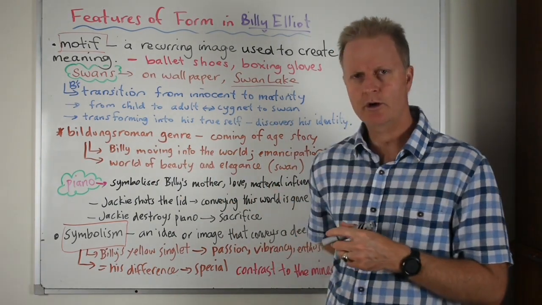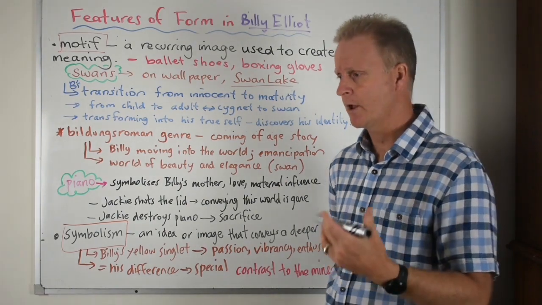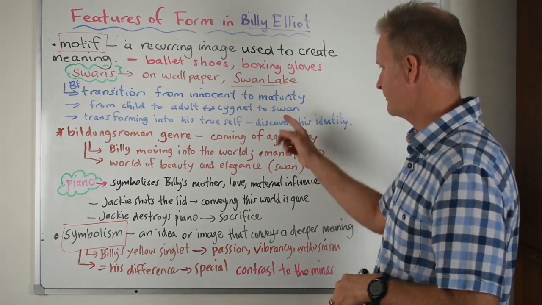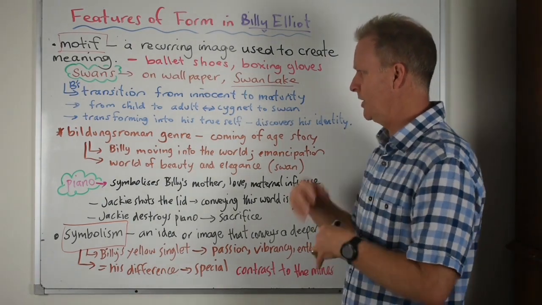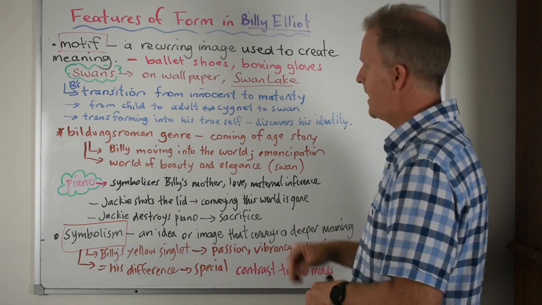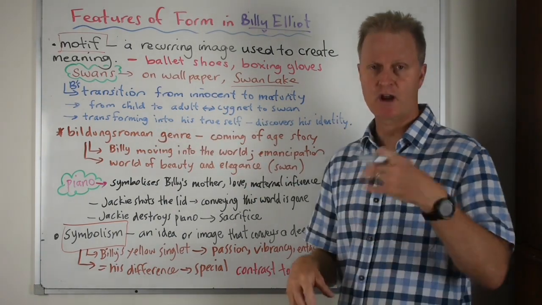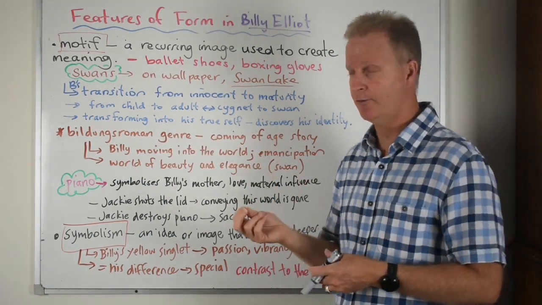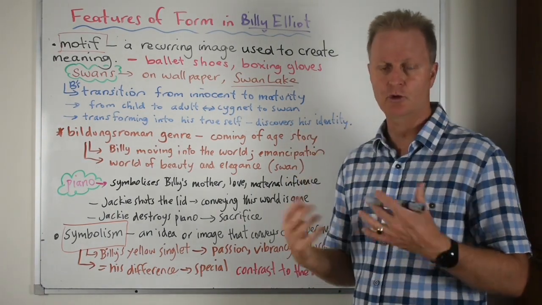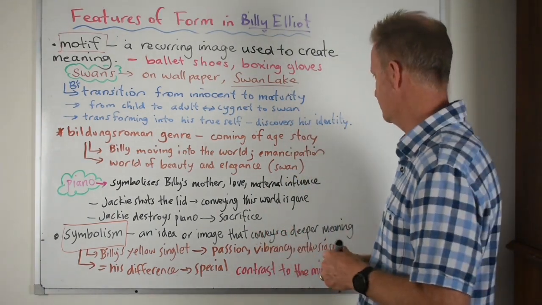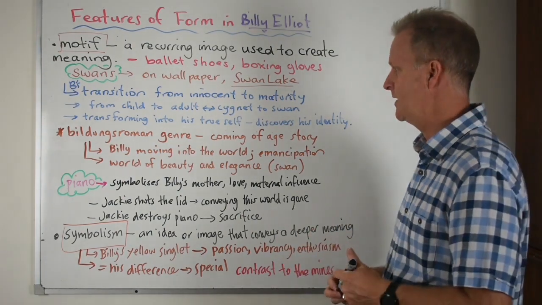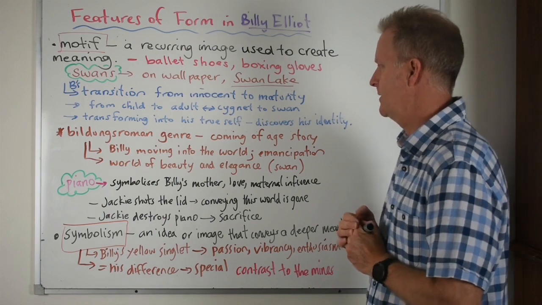So it is drawing on our cultural understandings of stories like that, to tell the story of Billy and his transformation. And certainly what he's doing is transforming into his true self. And by the time the film concludes, he has discovered his true identity, and he's achieved success in that realm.